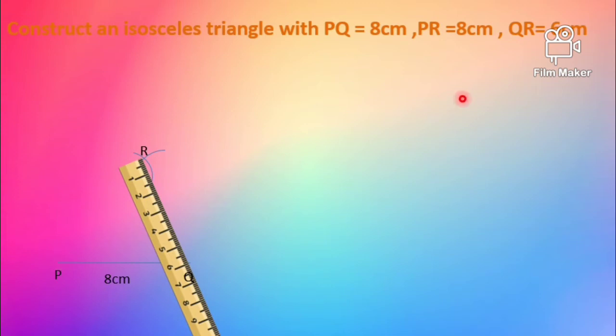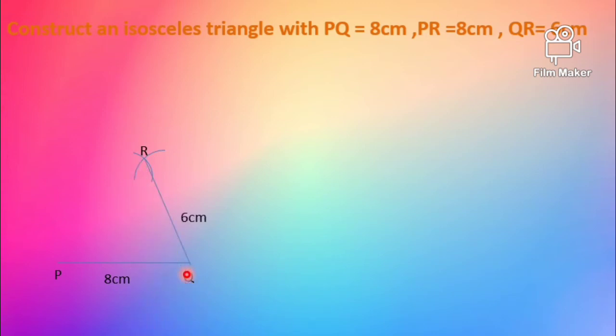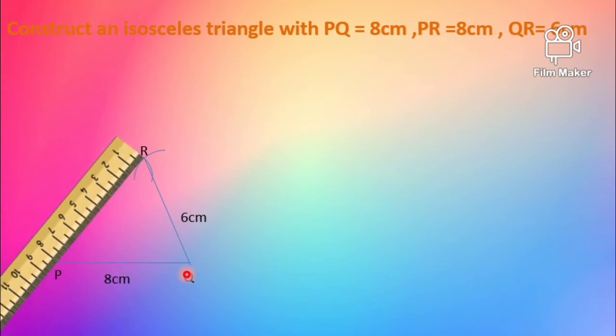You can see the arc of 6 centimeter which we drew. So the line QR should be of 6 centimeter. Then we will join P to R, which is of 8 centimeter.